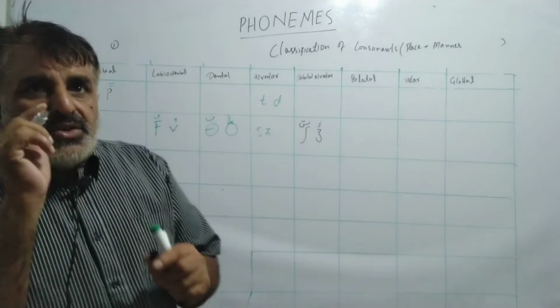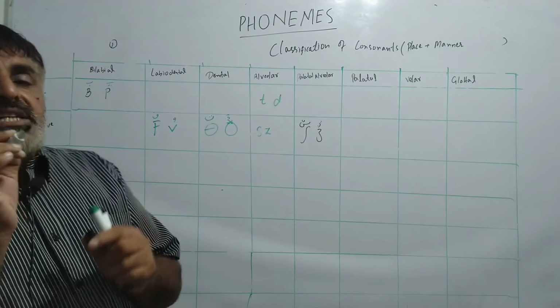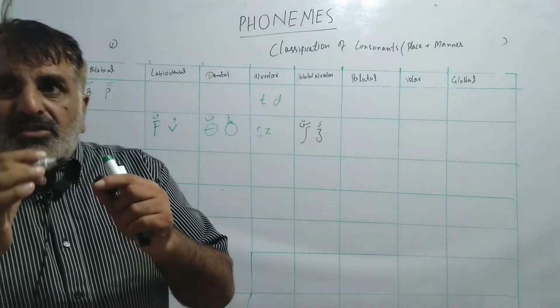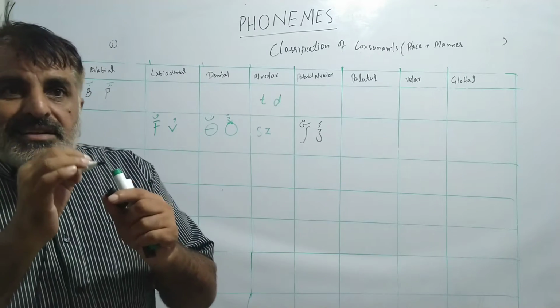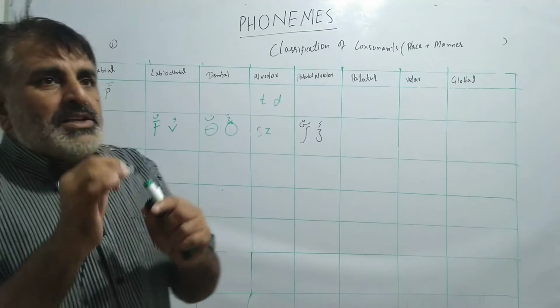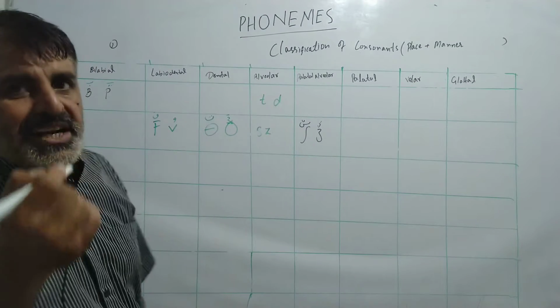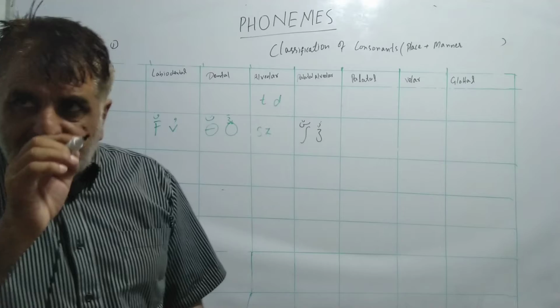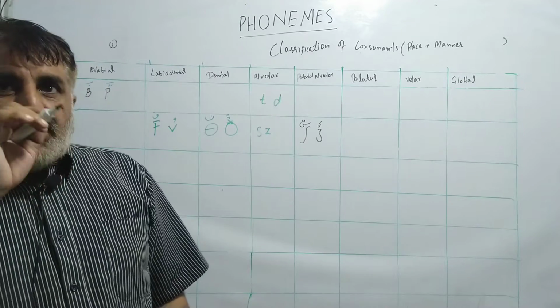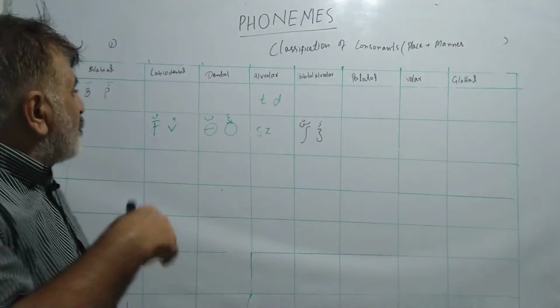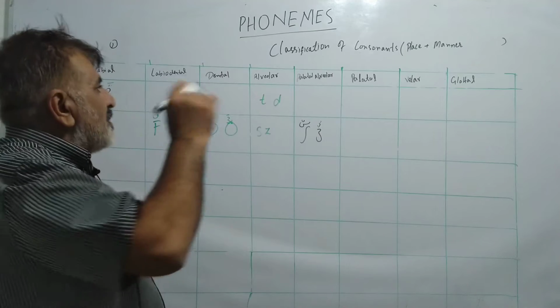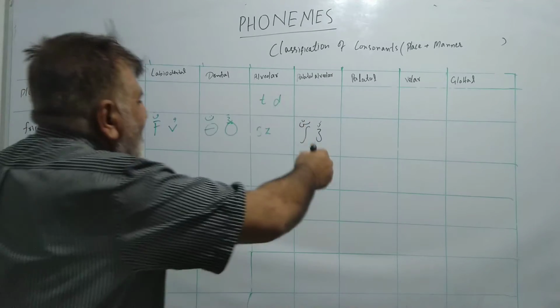Rolling is involved, and sudden release is also involved. These sounds are known as affricate. Affricate means the combination of plosive and fricative.